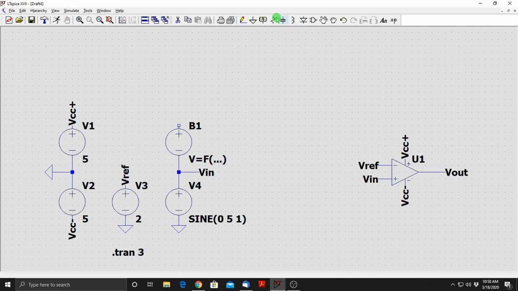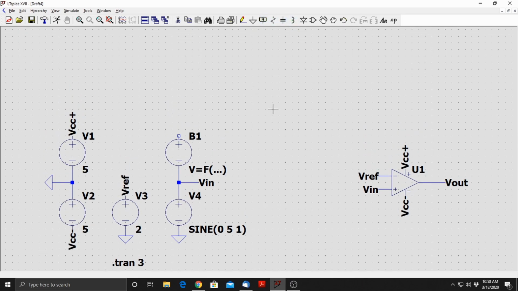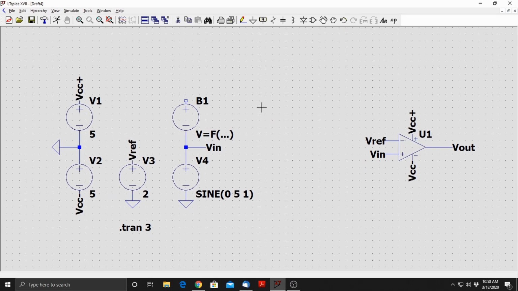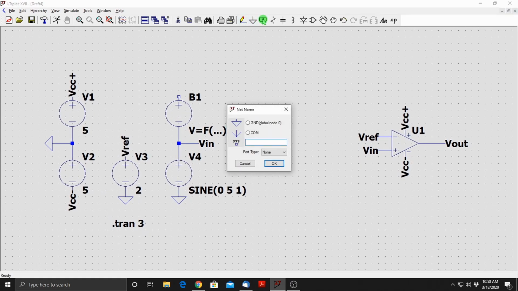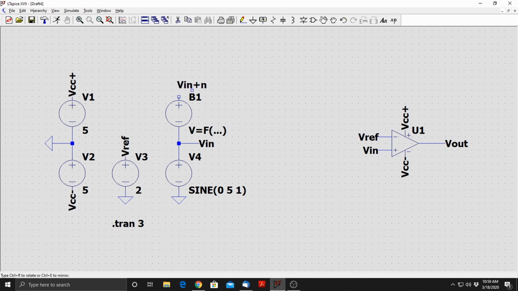I'm going to label it as Vin plus N, so it will be my sinusoidal input voltage plus this noise source with respect to ground.